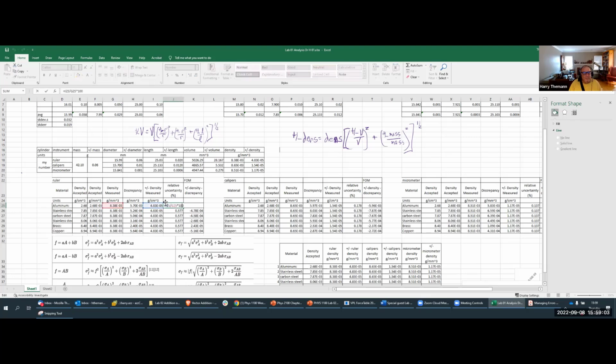And I made the relative uncertainty, but it doesn't look like it matters. And now what I'm doing is I'm looking at the difference between my error bar, my plus minus density, and the discrepancy. And I'm calling that my figure of merit. We've done that before. And what we want to see is a positive number.